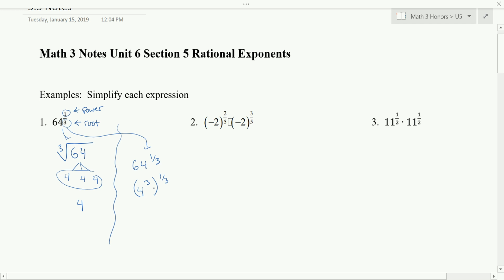And then with rules of exponents, what do we do with the 3 and the 1/3? Multiply them. And so we get 4 to the power of 3 over 3, which is 4 to the power of 1. So again, we can get the same answer by changing it into a root form, or just by working with the exponent.